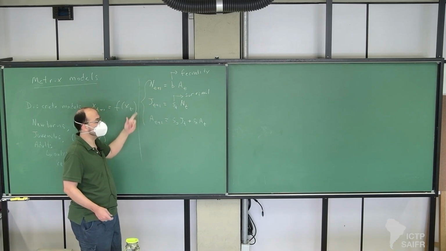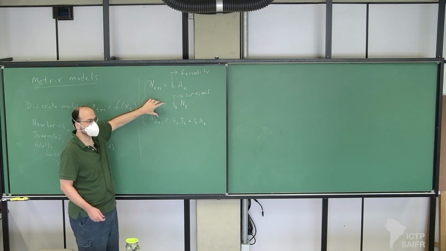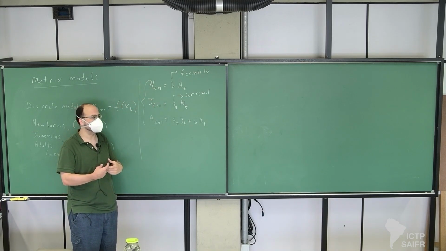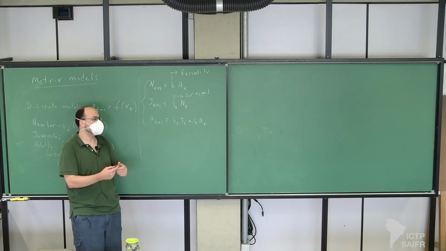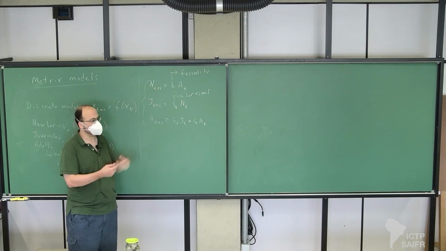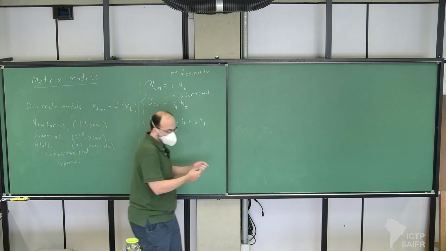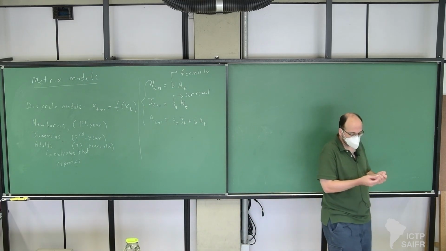So if newborns become juveniles in 3 months, I don't want my model to take a time step of 1 year. I want it to take a time step of 3 months only. So I always adapt my time step to be appropriate to the scale of the problem I want.